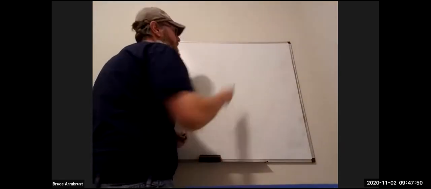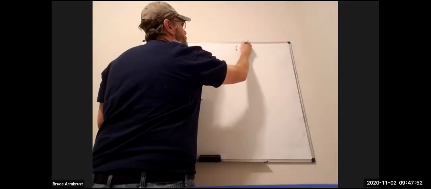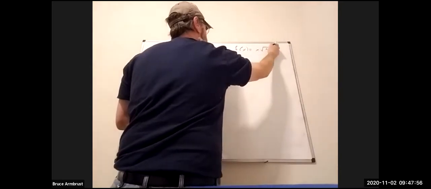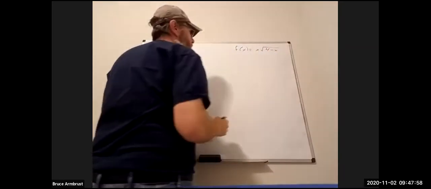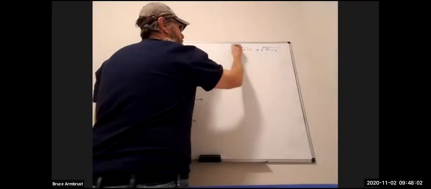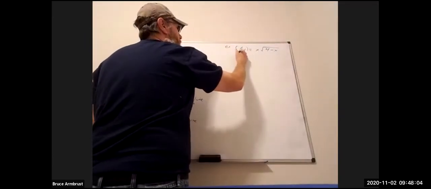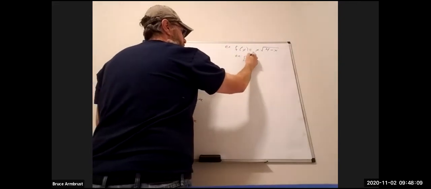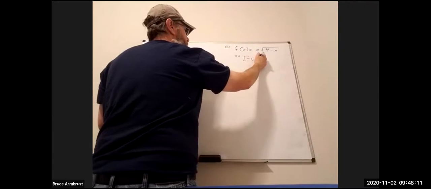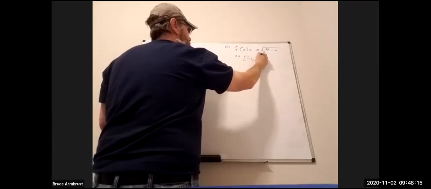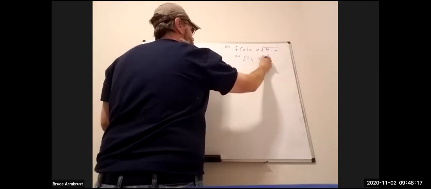Let's look at f of x equals x times the square root of 4 minus x. And let's look on, say, -1 to 1. Nah, -1 to 3.